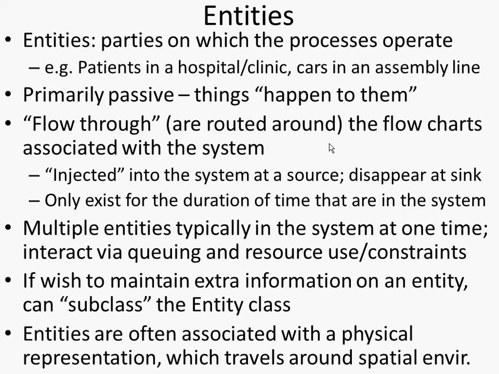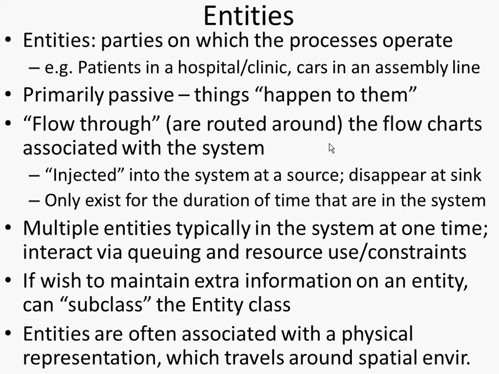You can do that, but basically what it requires is making entities into agents, bringing together agent-based modeling and discrete event modeling. And we're going to be looking at exactly that issue in a later lecture. Okay, cool.